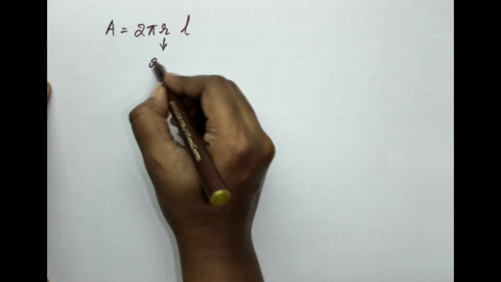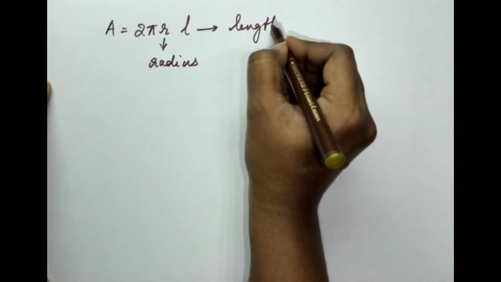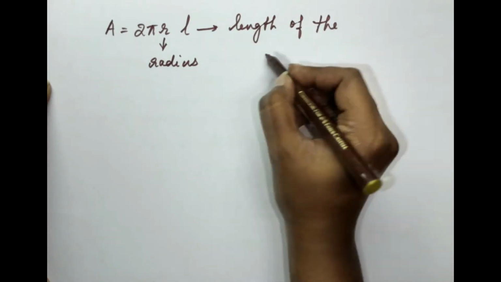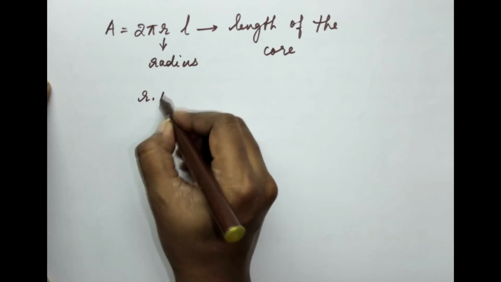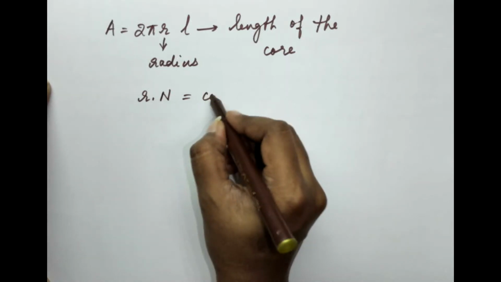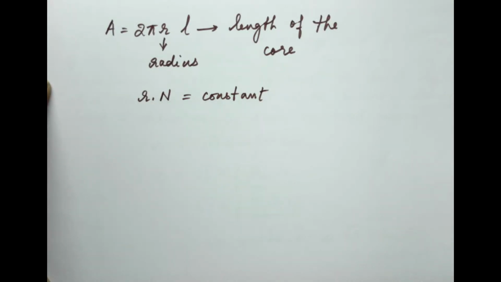Here R is the radius and L is the length of the core. So according to what we have already seen, in order to maintain the same no-load current, most parts of the voltage equation must be constant. So that implies that the radius times n, the number of turns, should also be constant.